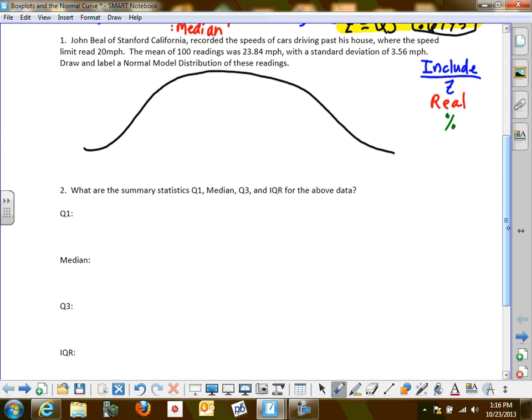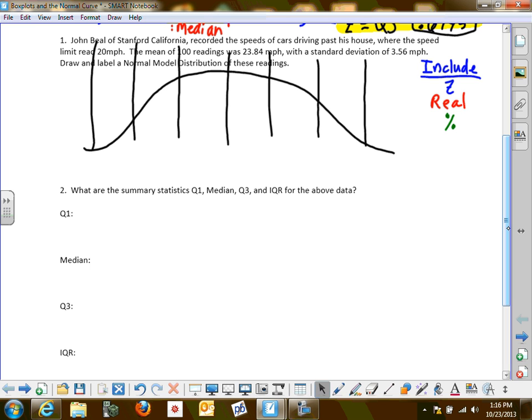Okay, so not beautiful, but there's the mean, and I'm going to go 1, 2, 3 standard deviations up, 1, 2, 3 standard deviations down. And the first thing I want you to include, and so you're labeling over here on the left, is that these are your z-scores.